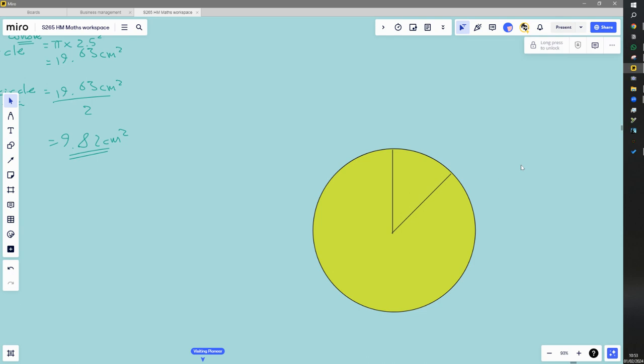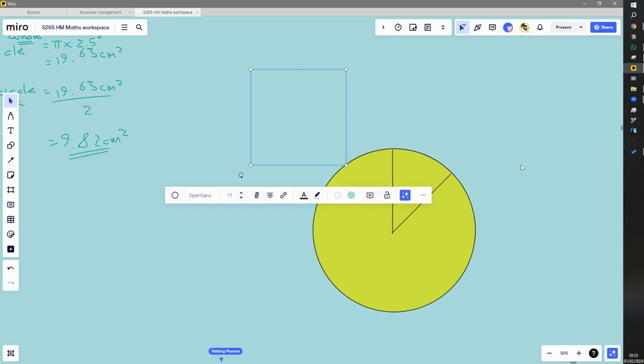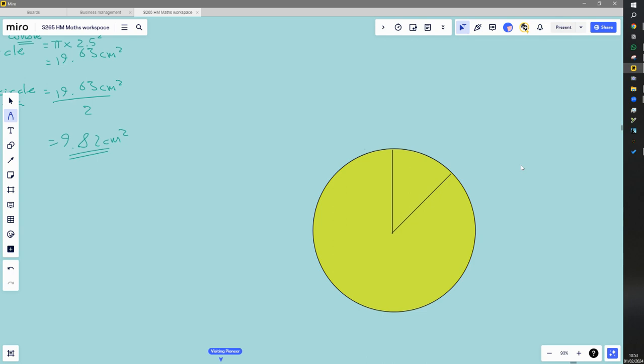Now, if we don't know what the fraction of the circle is, but we get given an angle like this, let's say that's 45 degrees, we can use that angle to work out what fraction of the circle that bit is. If it was 180 degrees, then we're looking at half the circle.